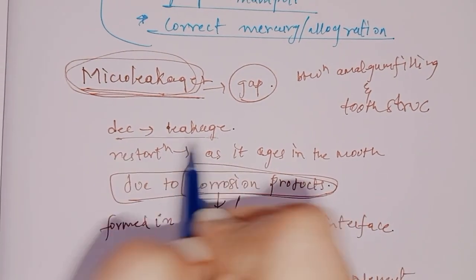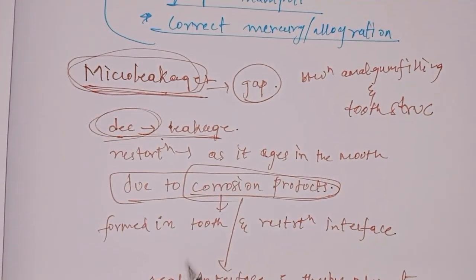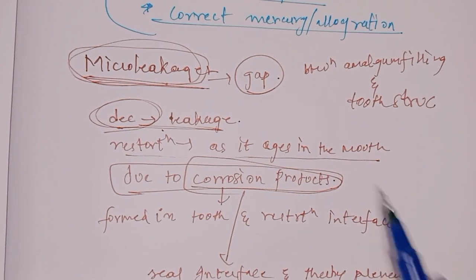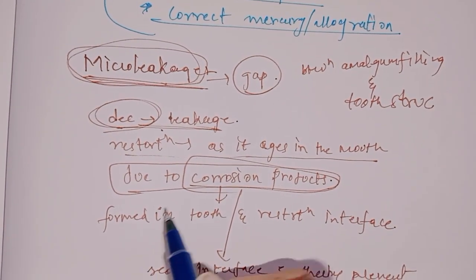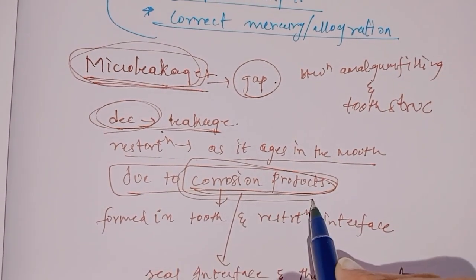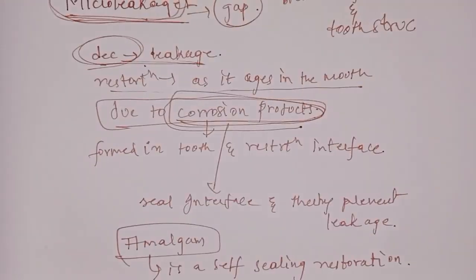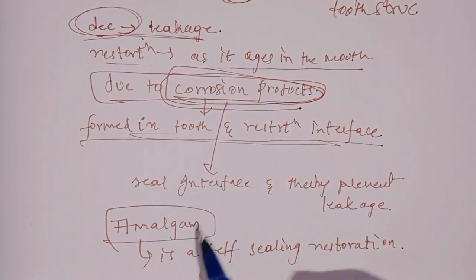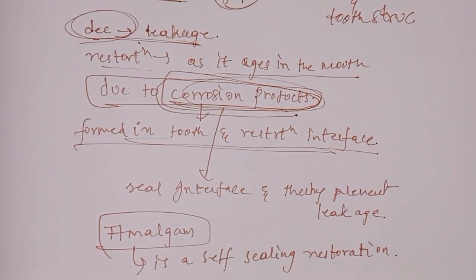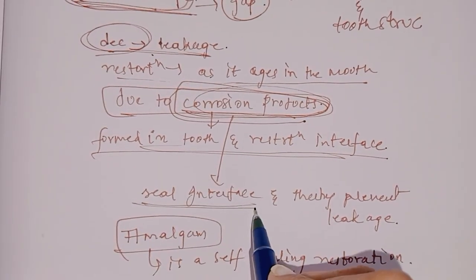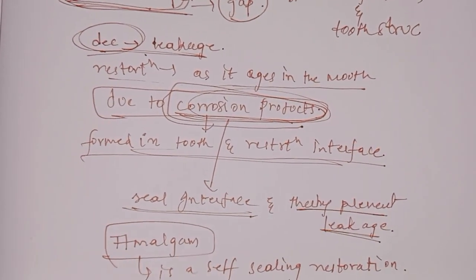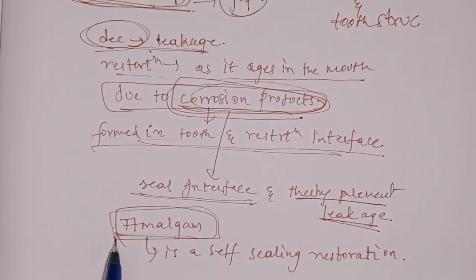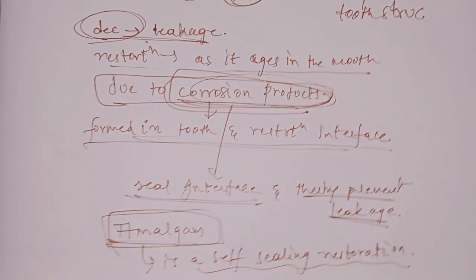The leakage decreases as the restoration ages in the mouth due to formation of corrosion products in the tooth restoration interface. These corrosion products over a period of time seal the interface and thereby prevent this leakage. Therefore, amalgam is known as a self-sealing restoration.